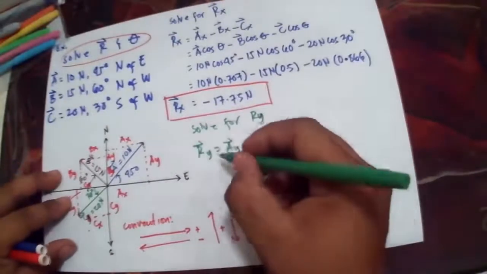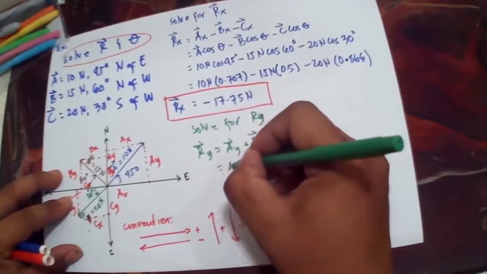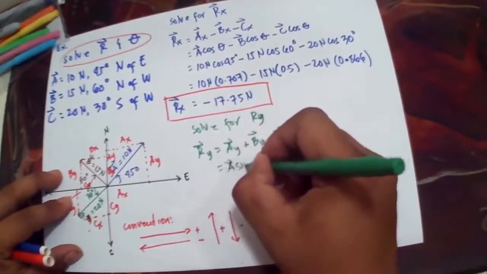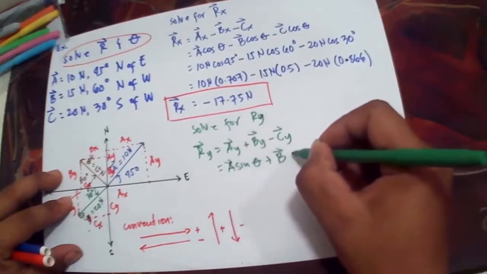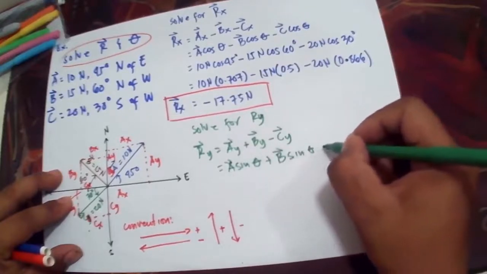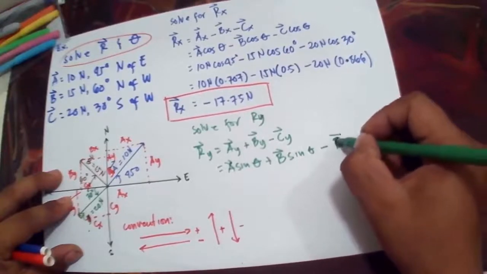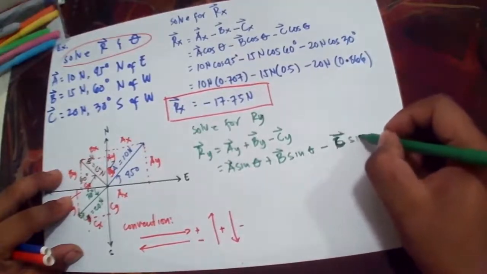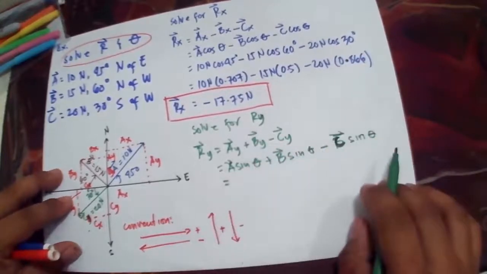Okay, so we will expand this one. This becomes equal to vector a sine theta plus vector b sine theta minus vector c sine theta.